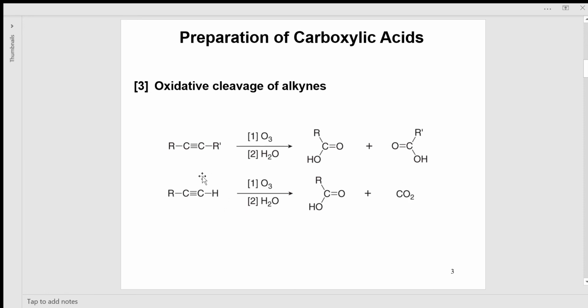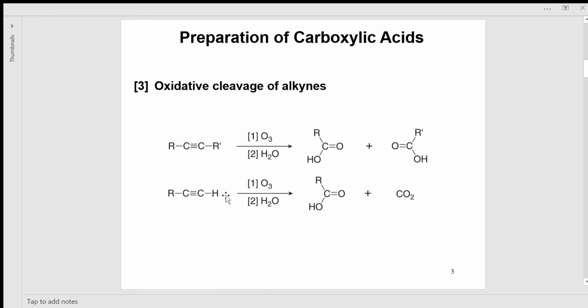The special case is for the terminal alkynes, which means one of the carbons of the carbon-carbon triple bond is the terminal carbon of this molecule. In this case, the left side, which has 2 or more carbons, is still forming a regular carboxylic acid group.